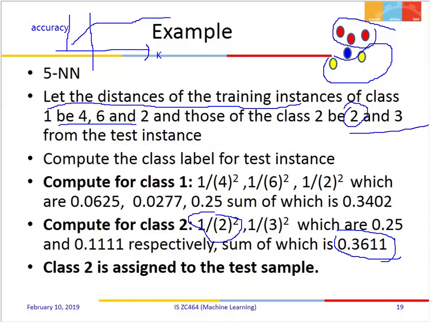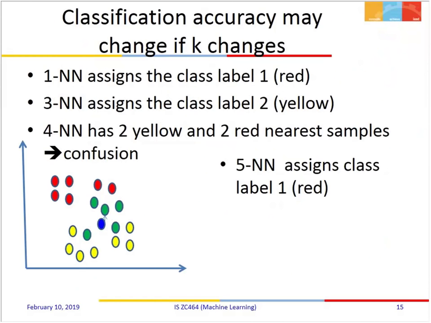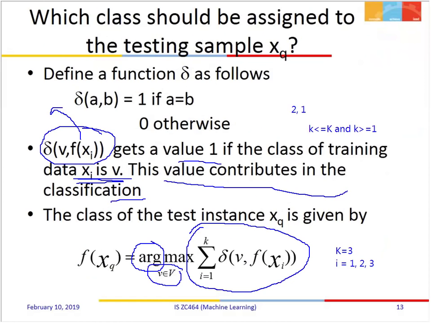Yes. So what about 0? I'm coming to this computation of delta, which I explained for the non-weighted example. This one, delta V fxi. I'm now explaining why for all these values of k, the terms of delta will be contributing either 1 or 0.